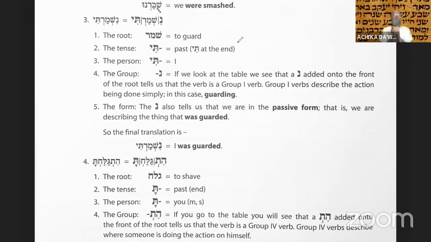So the noon also tells us that we are in the passive form, describing that which is being done, or which was being done, which was guarded. Okay, it was guarded. Or excuse me, I was guarded. In the past.